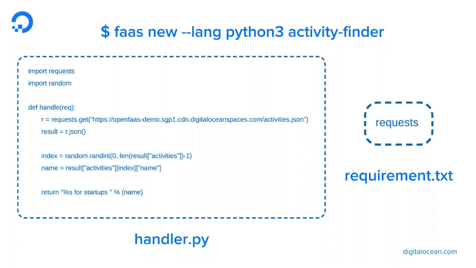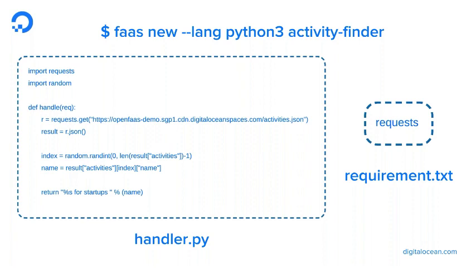When you create a Python 3 function, it creates a template with handler.py, requirements.txt and the file structure required for Python 3. If you are a Go developer, you give the language Go and it creates a Go template. If you give Java, it creates a Java template, where you might see source, main, com and everything. Similarly in Go, it will be handler.go.